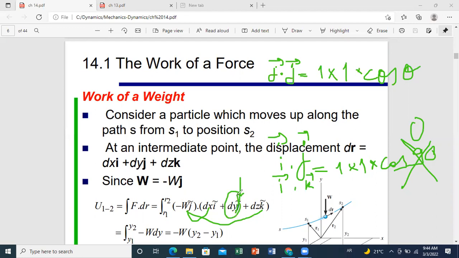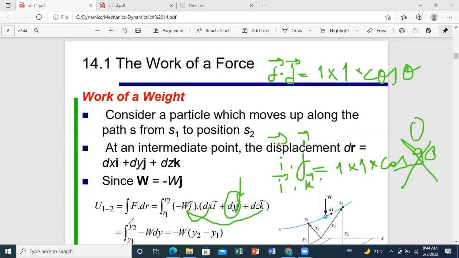I don't care if I change my position in x and z, because if I move in a horizontal plane, the weight is perpendicular to motion. And we said that a force perpendicular to motion cannot produce any work. It can only produce work if it has a component along motion. So as you move in a horizontal plane, the weight will not do any work.